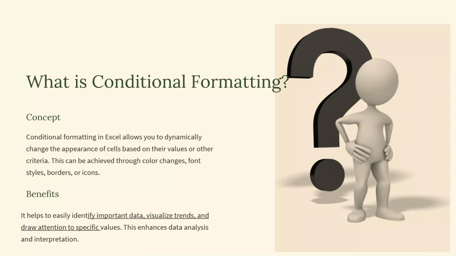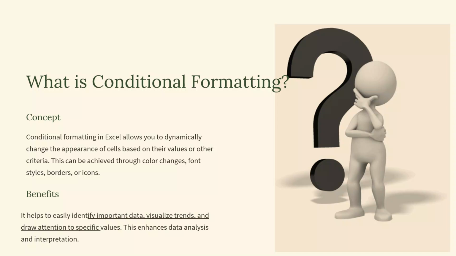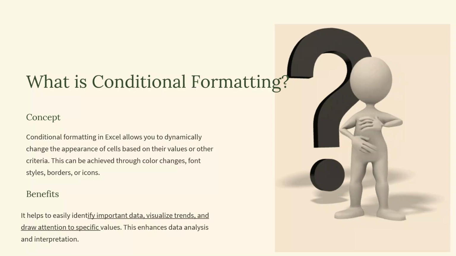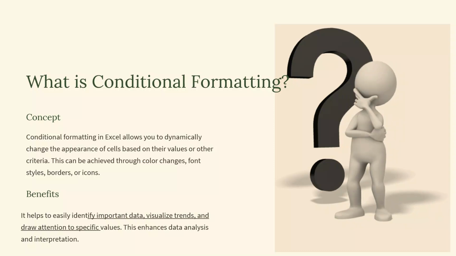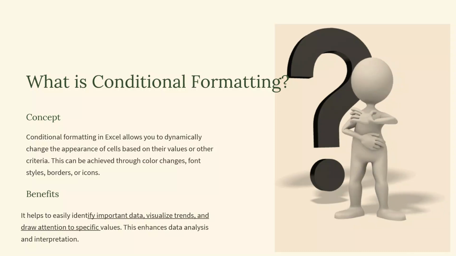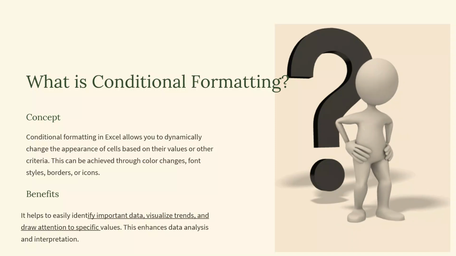We know what a cell is, we know what data is, and we know what the content in the cell is. So if we change the appearance of a cell, we are not changing what is inside the data.